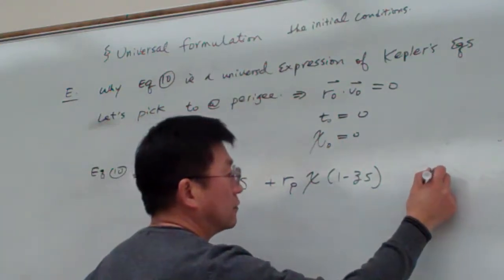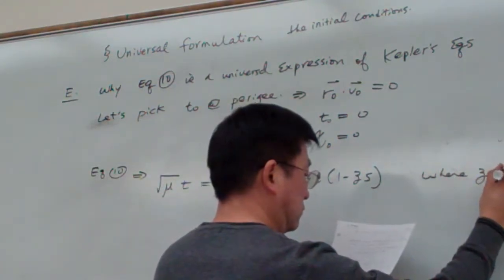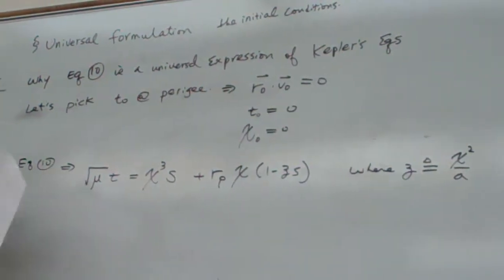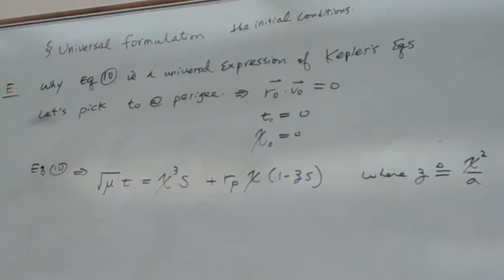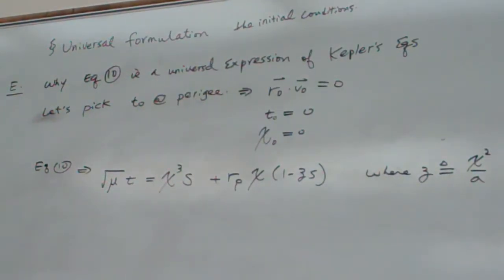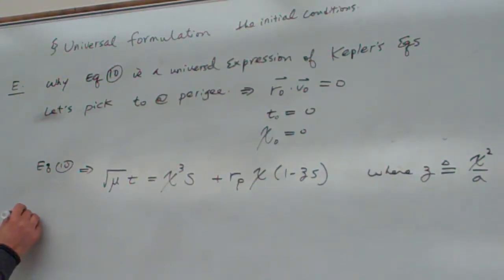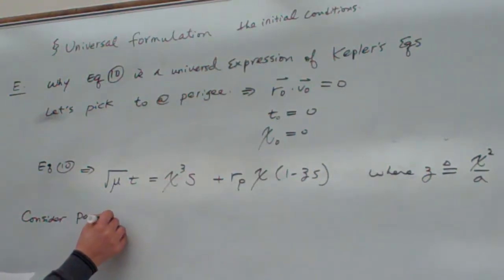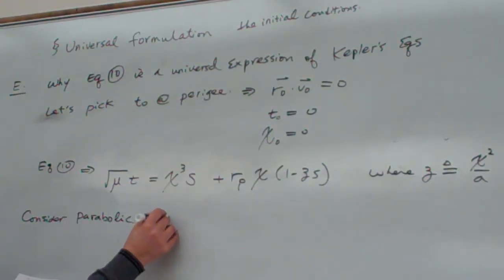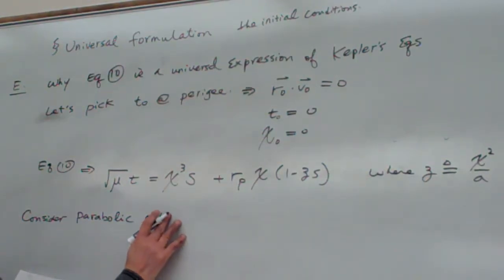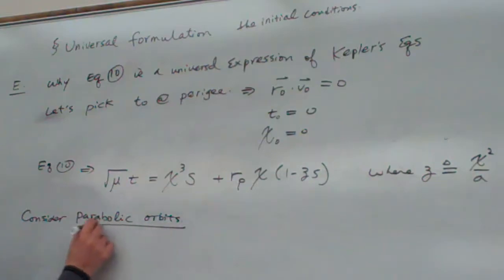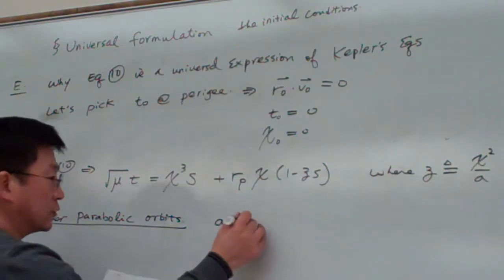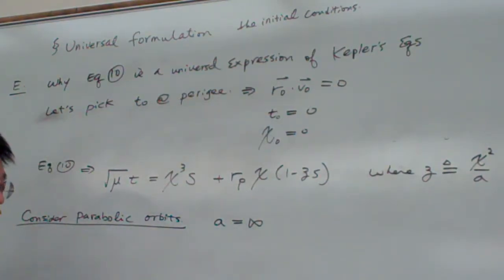After we pick perigee as our starting point, we can simplify this. Now I want to consider the parabolic case. In parabolic, we have a equal to infinity, that is the orbital element.